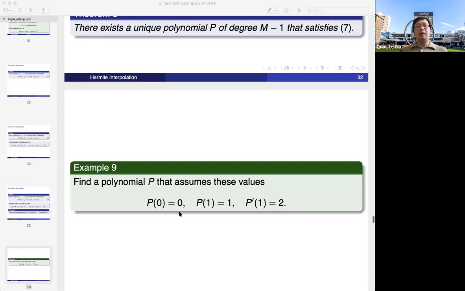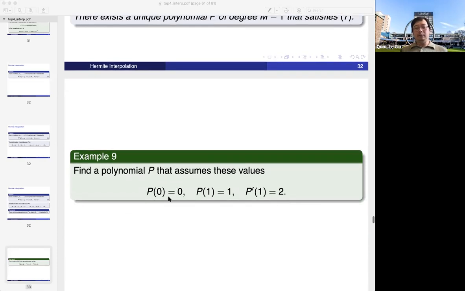So suppose that you find a polynomial p that satisfies these conditions. So p(0) equals 0, p(1) equals 1, and p prime, so this is a derivative, p prime(1) equals 2. And how do you find this polynomial? So what is the degree of this polynomial?